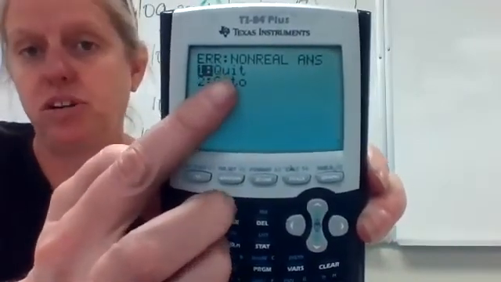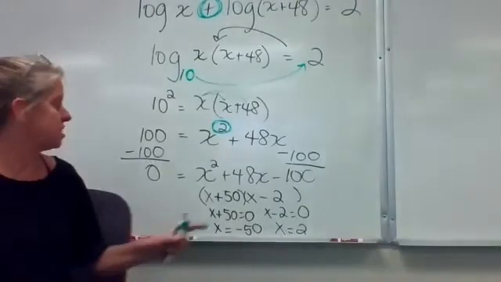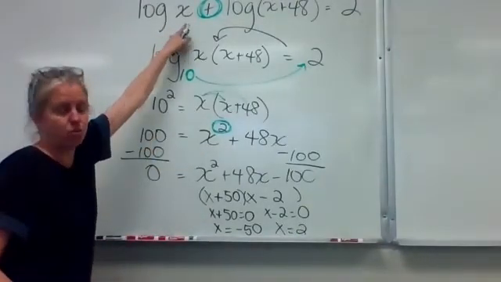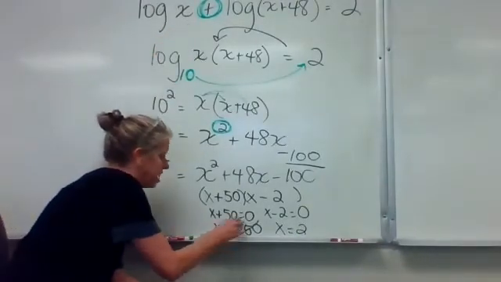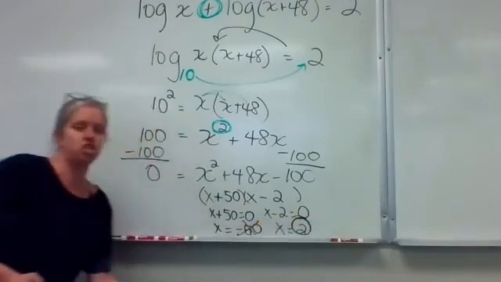It's not a real answer, not a real number answer, right? Because you can't have a negative number right here. So the negative 50 is not a good answer. The answer is just that 2.